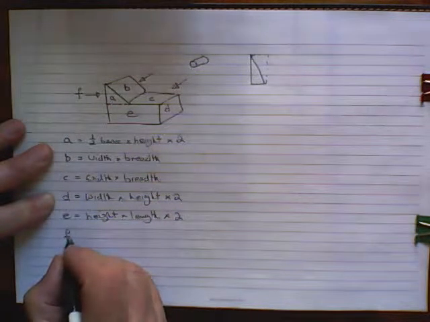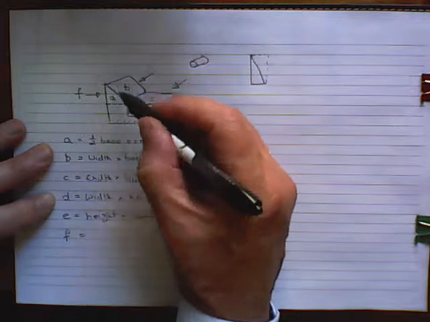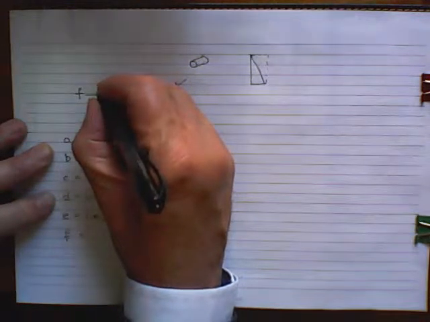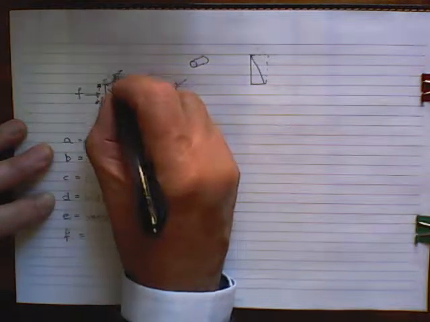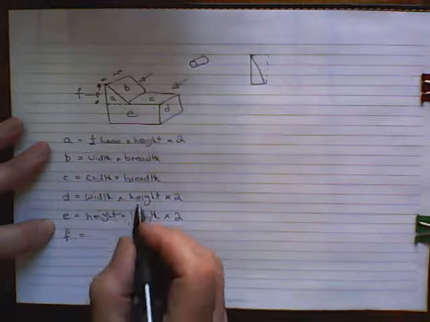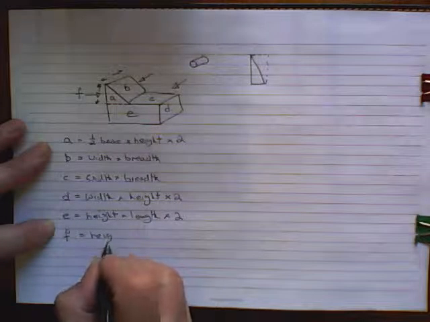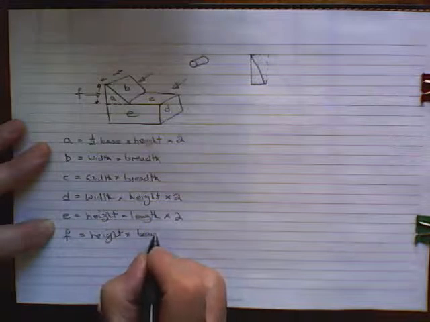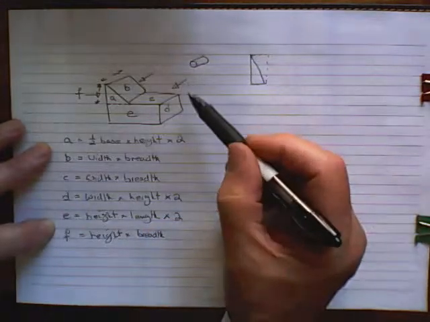F. F equals, given that we're given these dimensions, which we will be given, this dimension here times that dimension there. So F, and there's only one of them, so F is height times breadth. And it's times 1.